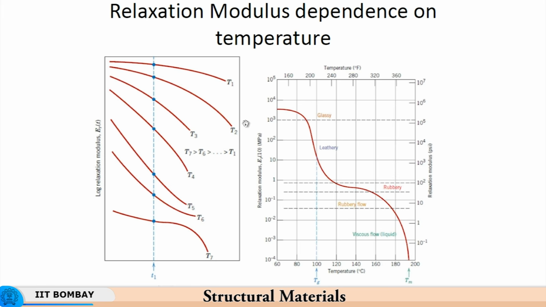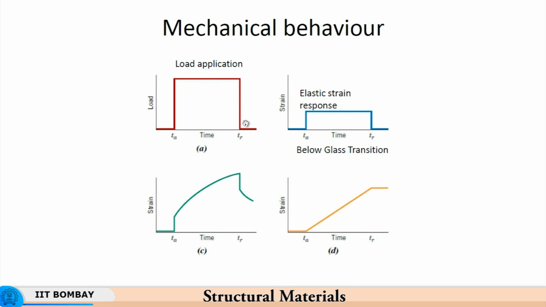So you have the change from glassy state to rubbery state. So what you do is you mark the temperature at which it is 50% transformed from glassy to rubbery. So that is the point taken to be glass transition temperature.